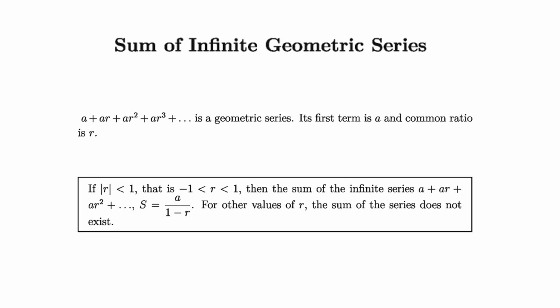For other values of r, the sum of the series does not exist. So, the very important condition is modulus of r is less than 1. That is, minus 1 is less than r is less than 1.